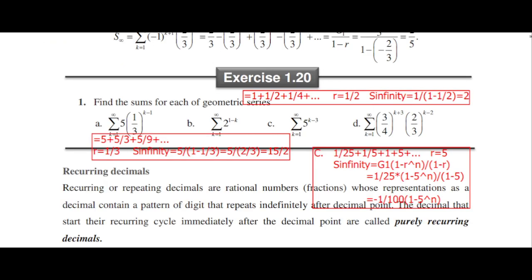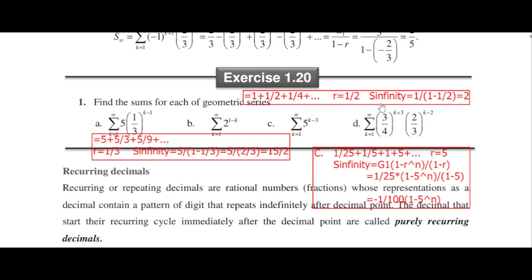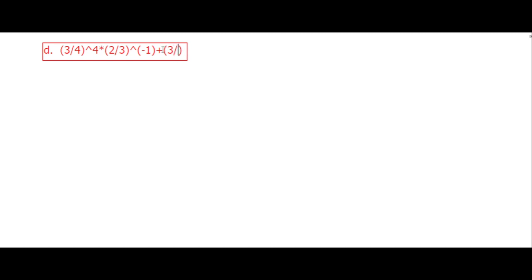So the first term is 3 over 4 to the power of 4 times, in brackets, 2 over 3 to the power of 2 minus 1, plus, when you substitute 2 for k, we have 3 over 4 to the power of 2 plus 3, which is 5, times 2 over 3 to the power of 2 minus 2, which is 0.